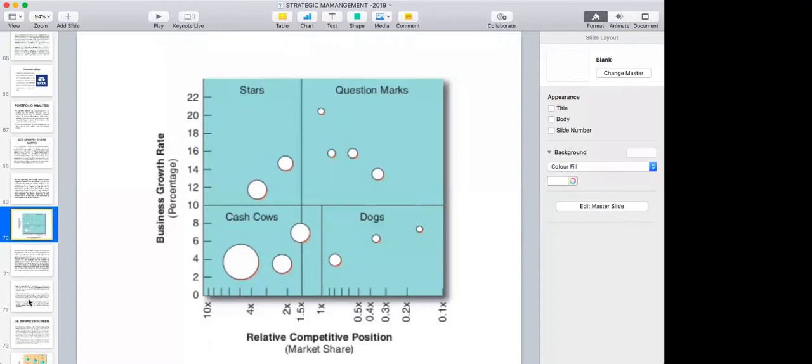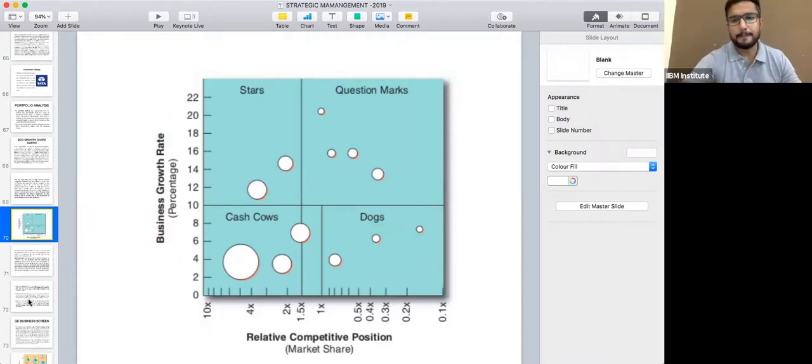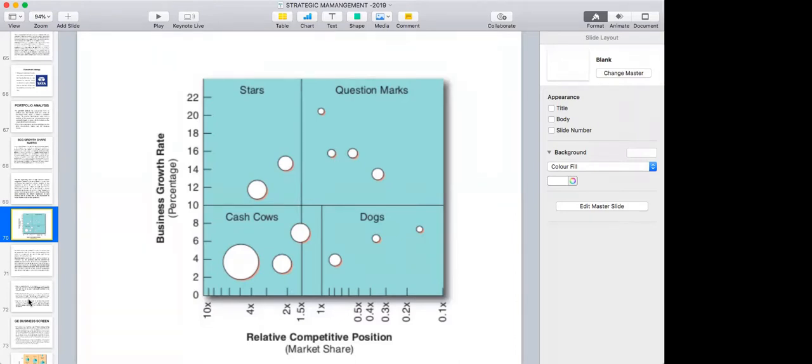The only thing I still have a doubt about is that cash flow will be neutral. Can I give an explanation, sir? Yes, Dheeraj, please. Star itself is an SBU which has high market share in a fast-growing industry.